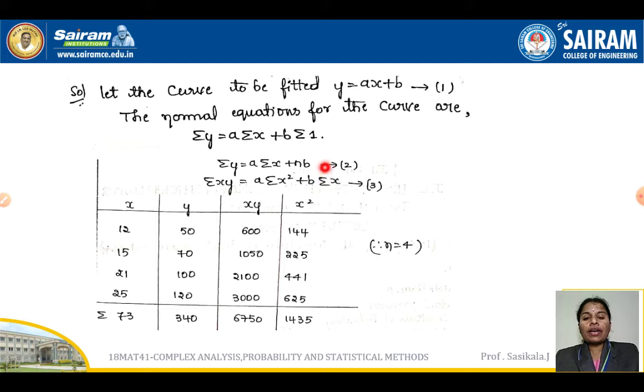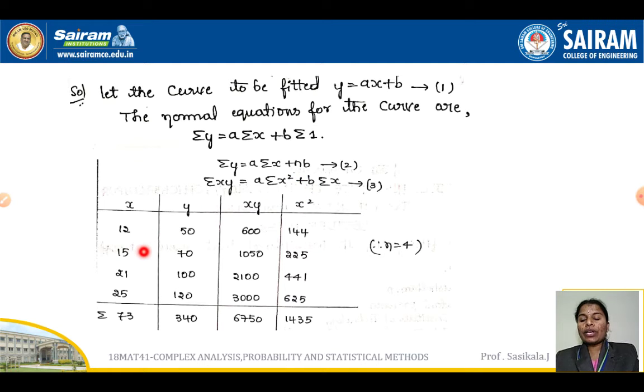So I am marking these as equations. To substitute in these equations, I need to get my summation y, summation x, summation x squared and summation xy values. n is nothing but the number of data. Once you get all the summation values, we can substitute in these equations. On solving, we can get the a and b values.